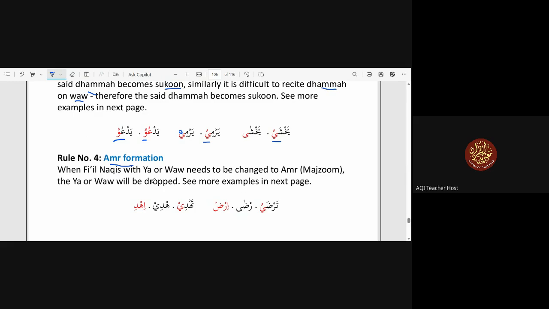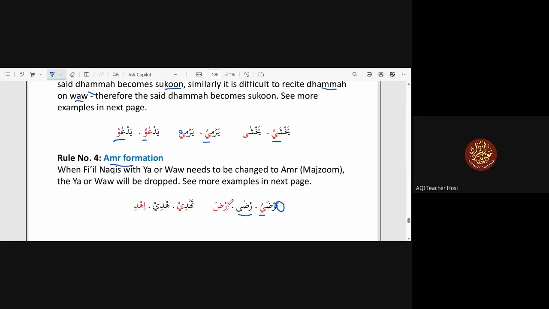So let's understand this rule here. This is the second person, tardiyu. For amr formation, we know that the alamat al-mudari has to drop, and then the last letter gets sukun. After the alamat al-mudari drops and the ya gets sukun, this is how it looks.